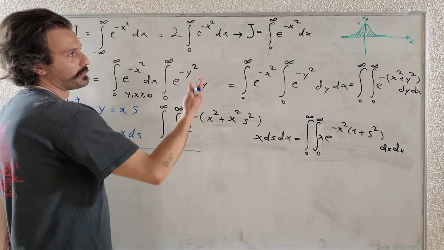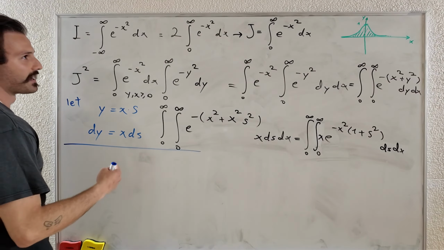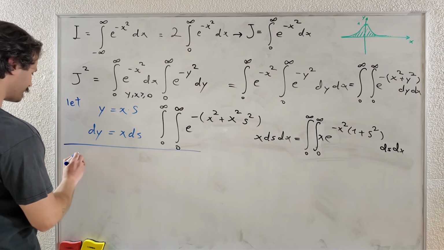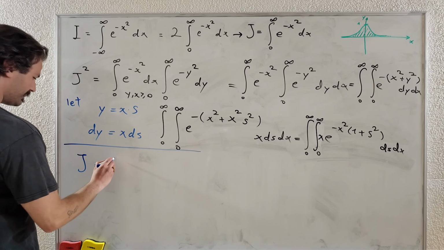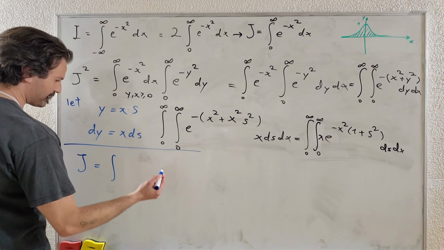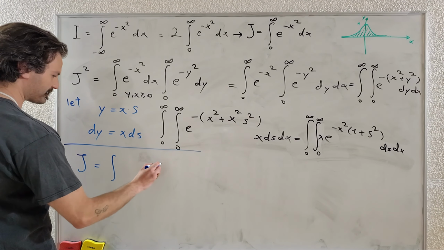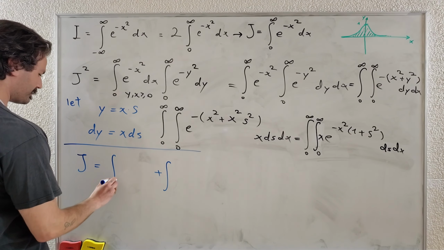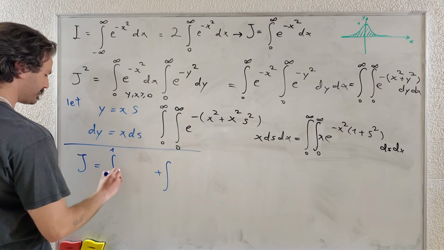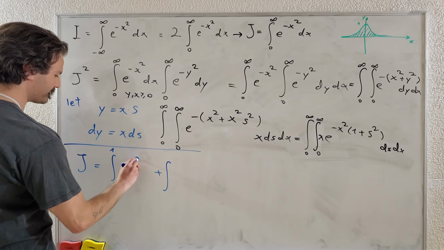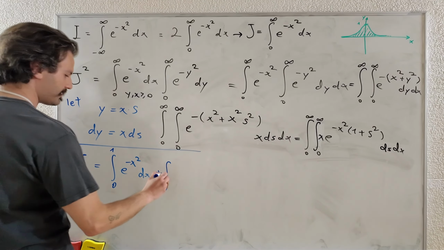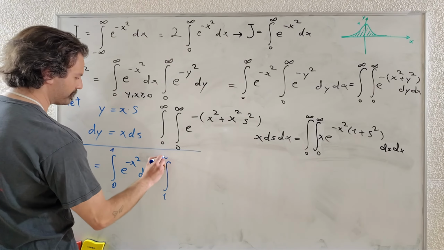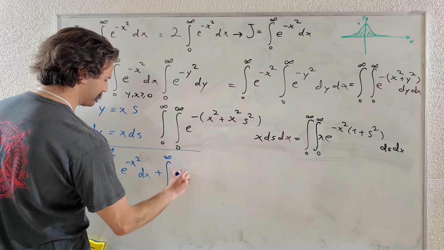Let's split our integral, so we express J as the addition of two integrals. The first is going to be from 0 to 1 of the same integrand, and the second is going to be from 1 to infinity of the same integrand.